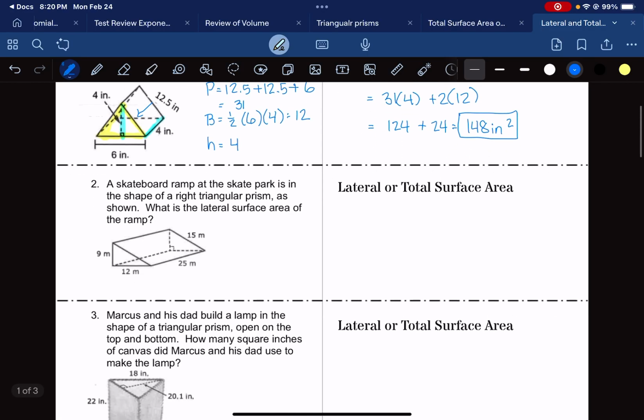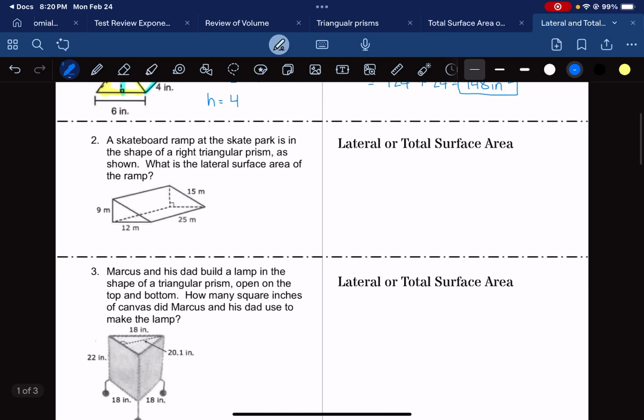Okay, on the next one, he's doing a skate ramp, but then if you look real closely, it says lateral. So all I need for lateral is S equals P and H. So I'm going to very quickly highlight the triangle so I know the perimeter of my triangle.